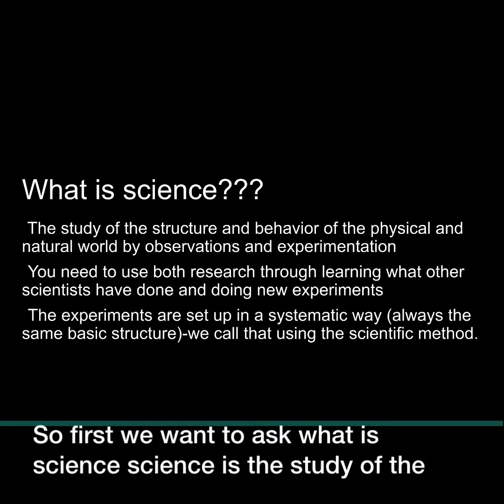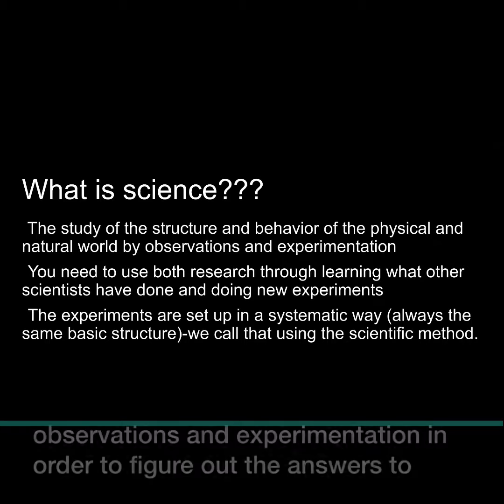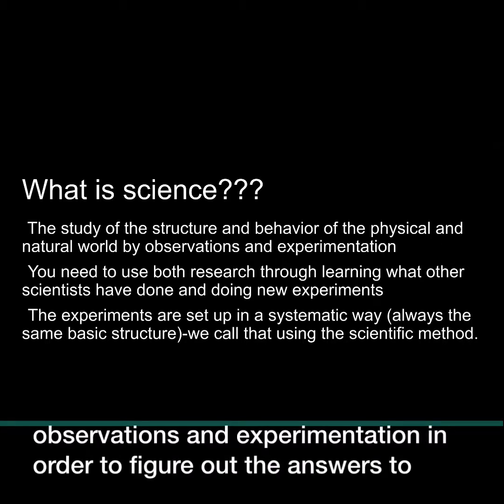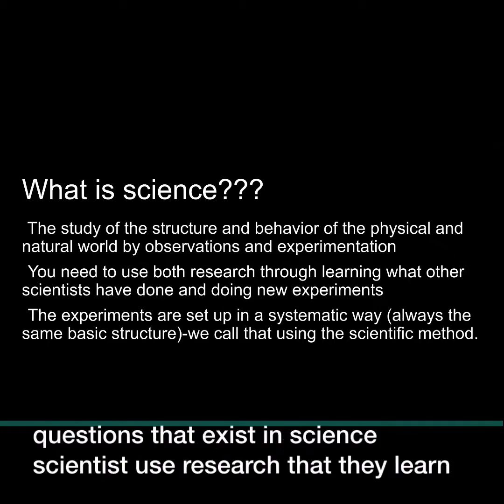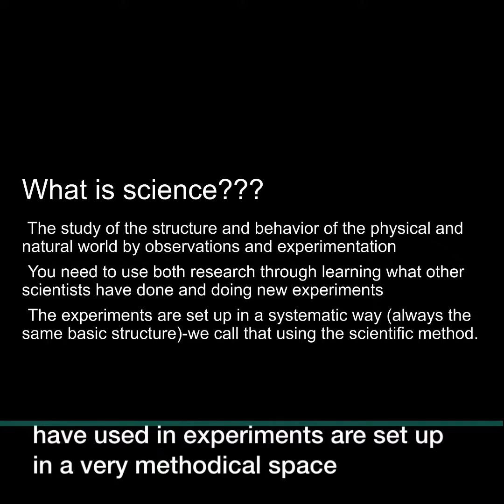So first we want to ask, what is science? Science is the study of the structure and behavior of the physical and natural world through observations and experimentation. In order to figure out the answers to questions that exist in science, scientists use research that they learn through their experiments as well as experiments that other scientists have used.